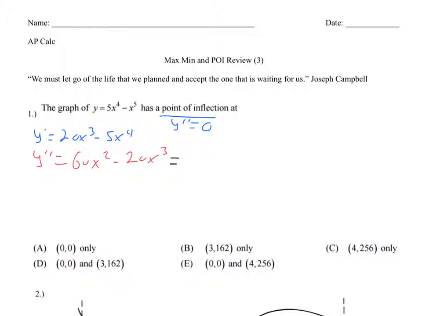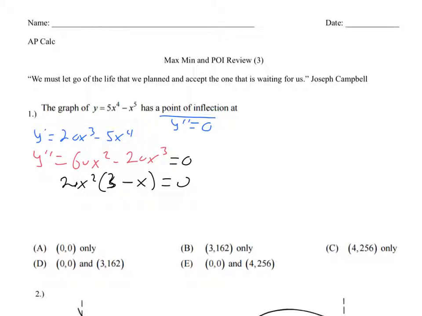And when is this going to be equal to 0? Looking at both of these, the greatest common factor is 20x squared. That would leave us with a 3 from the 60x squared and an x from the 20x cubed. And when will these things be equal to 0?